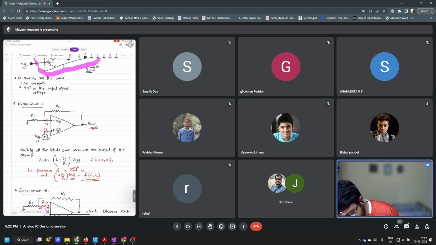So now you can write the KCL at this node, the inverting terminal.